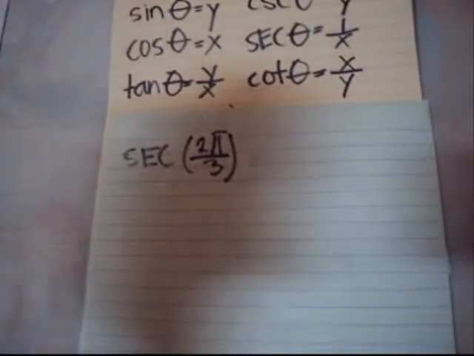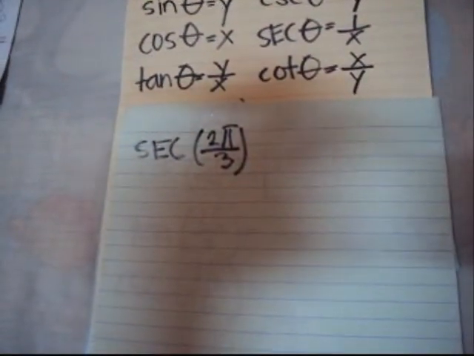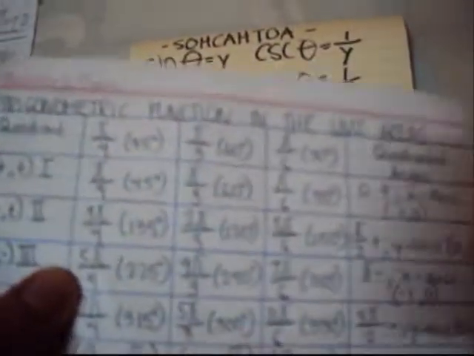So we're going to look for x in the index card. In our index card, 2 pi over 3 is here in quadrant 2, and the x is 1/2.